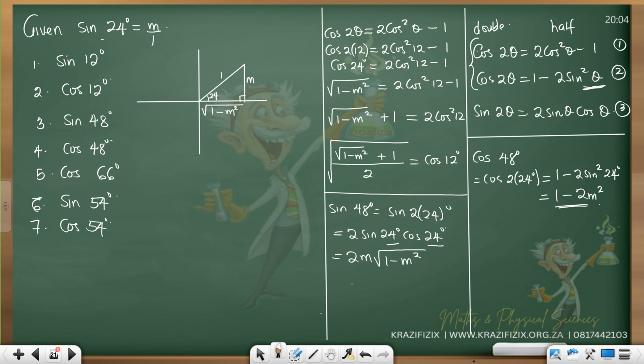All right. What is cos 66? I'm sure you know co-functions. Cos 66 is the same as sine 24, and that is m. So if it's not double, if it's not half, check the relationship with 90. If it adds up to 90, co-functions.